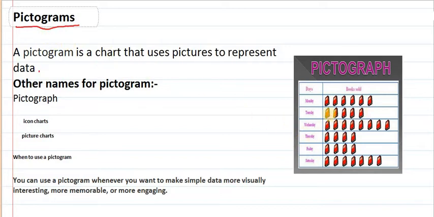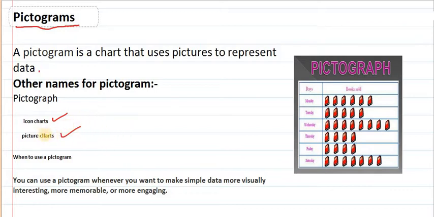In the pictogram, we use pictures for the data, like here on the side of the screen. We also call it a pictograph. There are other names for the pictogram like icon chart, picture chart, and some other names.